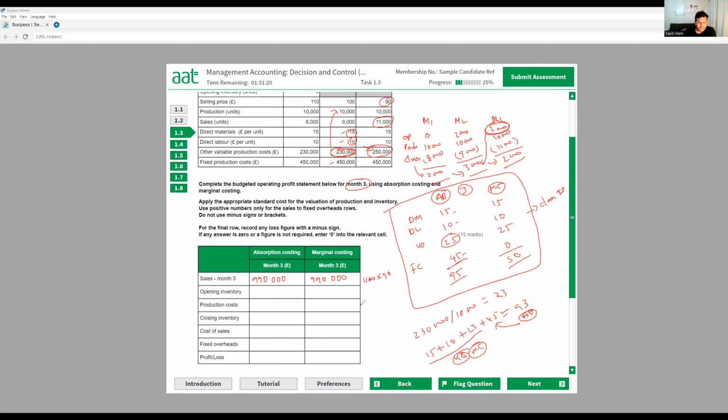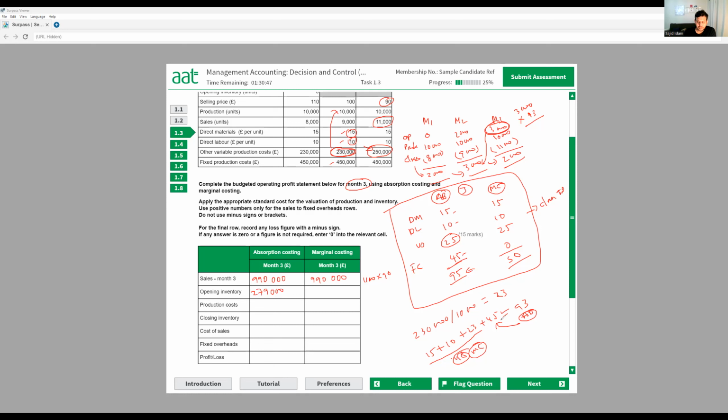So let's find out how much the value is. The opening inventory was 3,000 units, so for the absorption costing, we have to multiply by 93. Not 95, don't use that one. Remember that, because it's for month 3, and the opening inventory for month 3 came from month number 2. 3,000 times 93 gives me 279, so the opening inventory is 279,000.